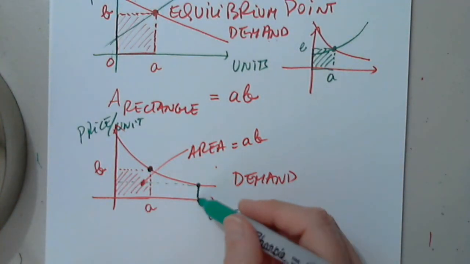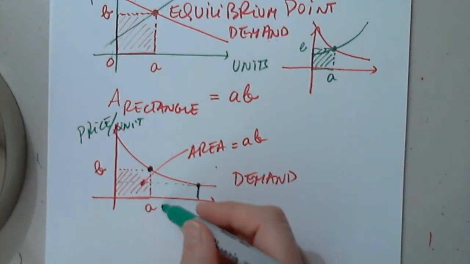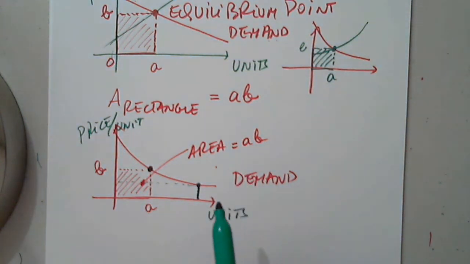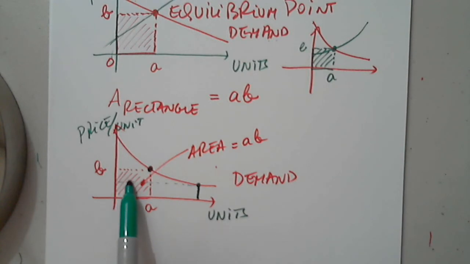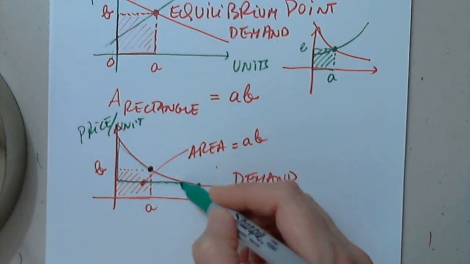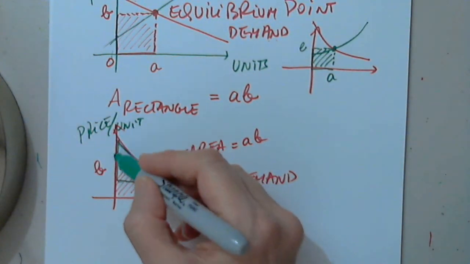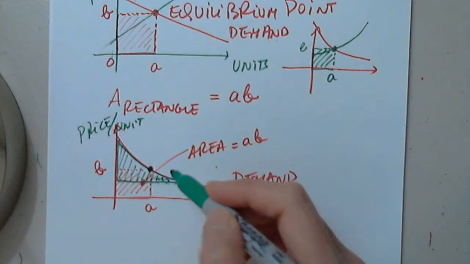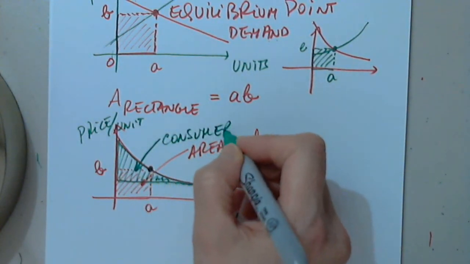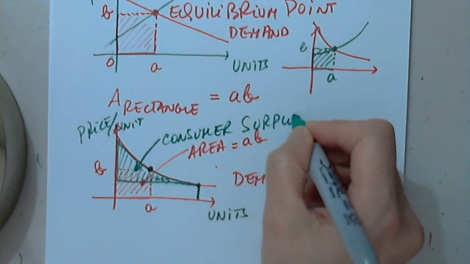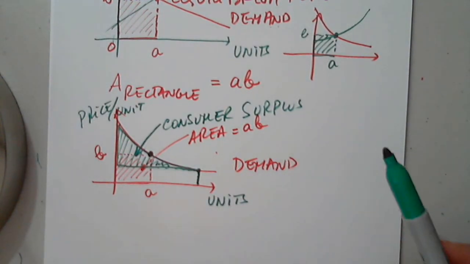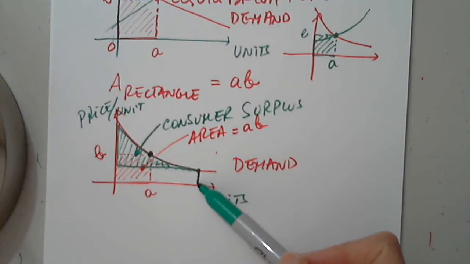So what happens here is we get more units, more tickets, and we are sort of happier because this piece, now this area, is what's called consumer surplus. The value added, if you want more pleasure, or also we pay less.